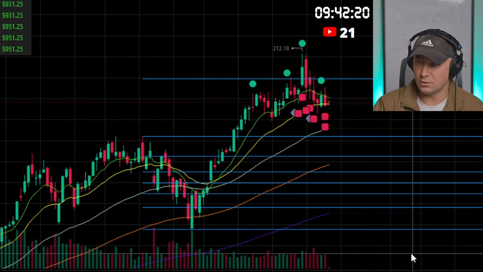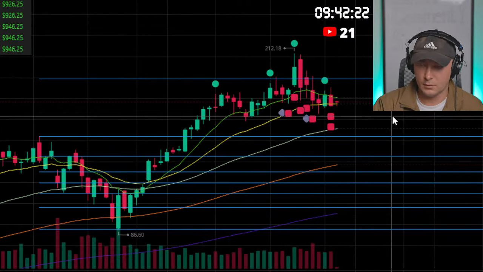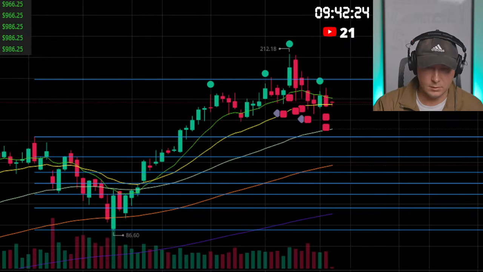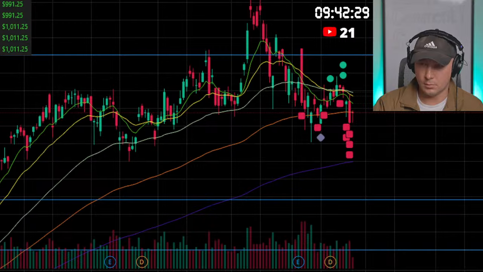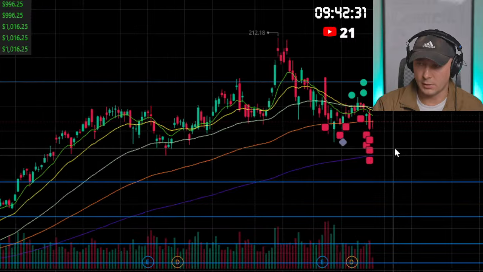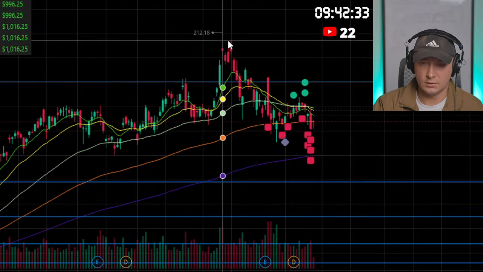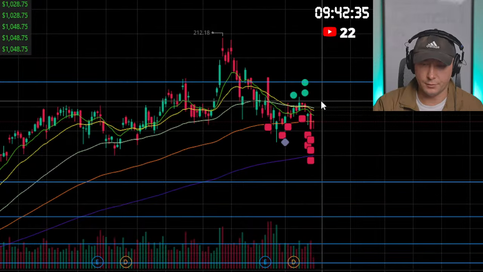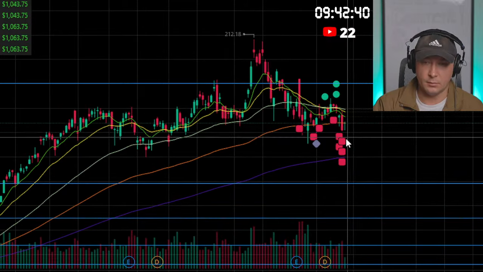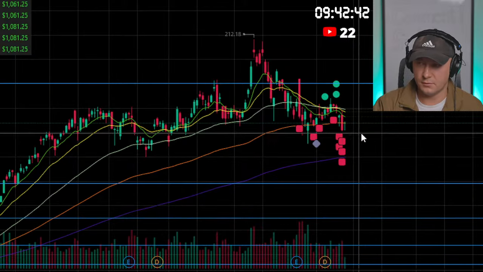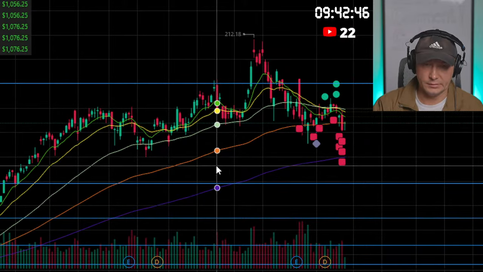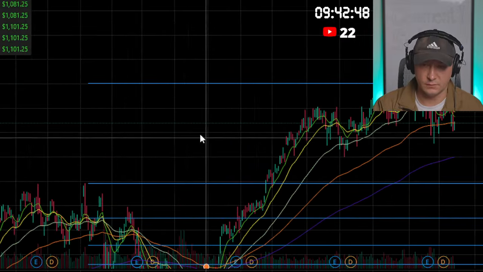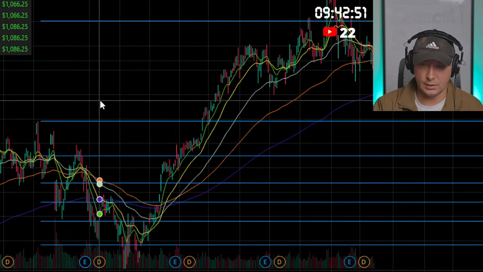So this is the Nvidia chart. Let's go to daily. Nvidia had quite a bit of a pullback. It had hit its all-time highs, and then for the past month and a half has been kind of selling off a bit. This is sort of a little bit of a support level here, but Nvidia could potentially fall back a bit more.